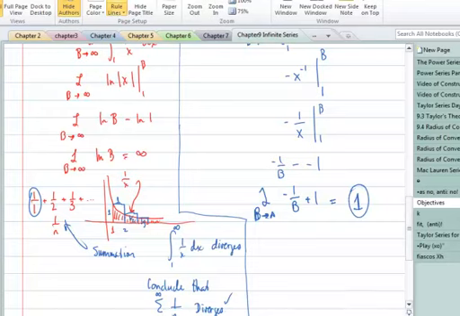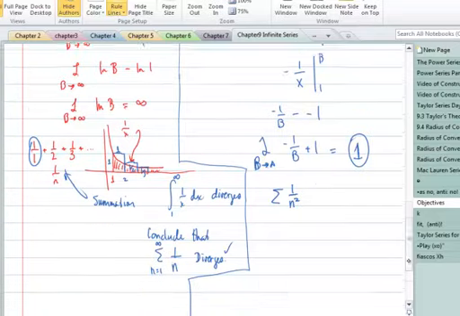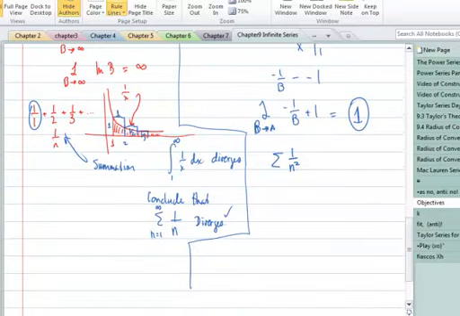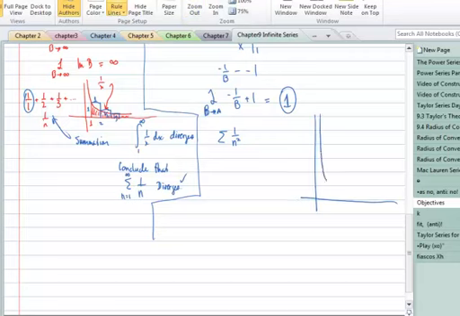Now, how does this work with comparing it to the summation of 1 over n squared? Well, I'm going to draw a picture of that area, just like I did before. But this time the area is 1 over x squared. So when I'm at 1 this time, this area right here is at the value 1.